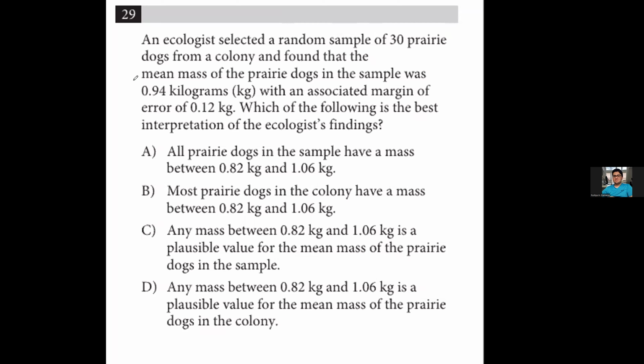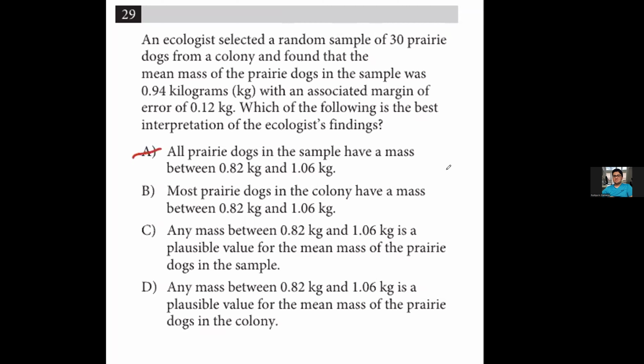We're told the mean was 0.94 and the margin of error was 0.12. So in this case, all of them have a mass? No, that's not true. There could be outliers.